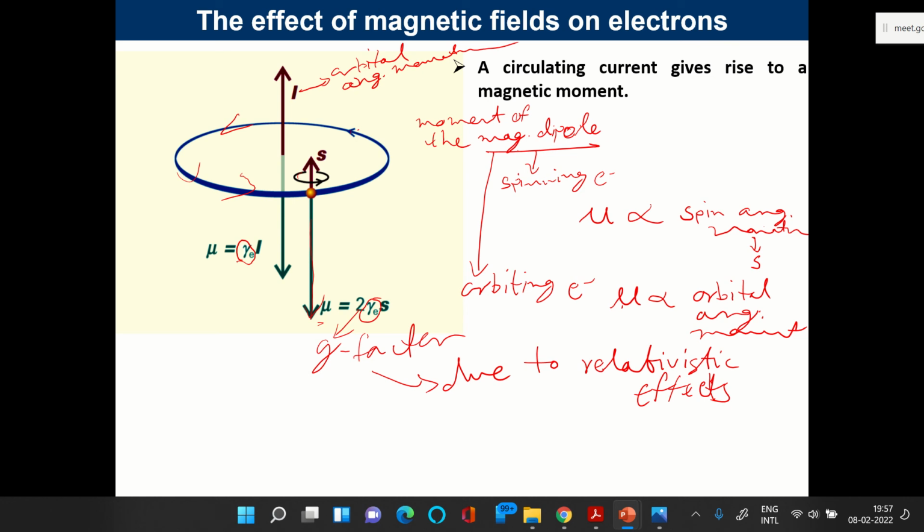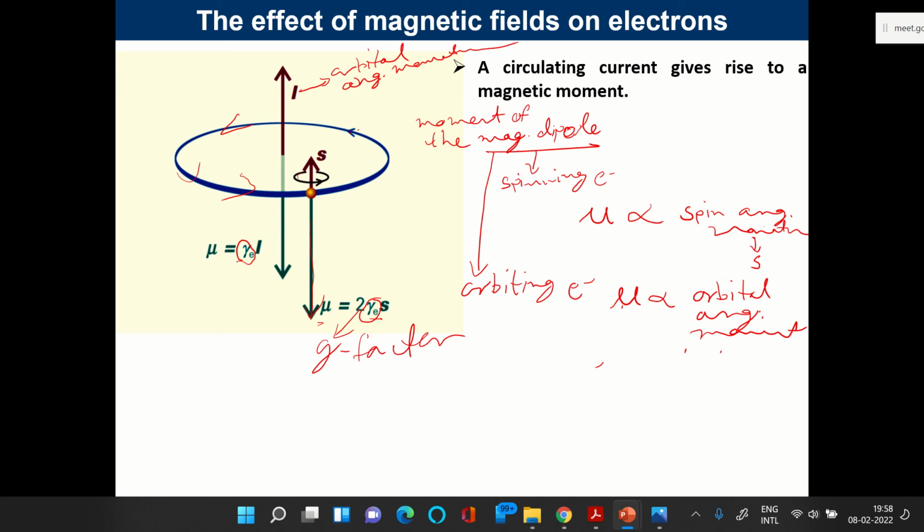That is an exhaustive calculation, and we are not going into it, but due to the linear velocity becoming comparable to, in fact greater than, the speed of light, you have a g factor coming into the picture. Actual calculations show that it is twice; theoretically expected is mu equals e into s.